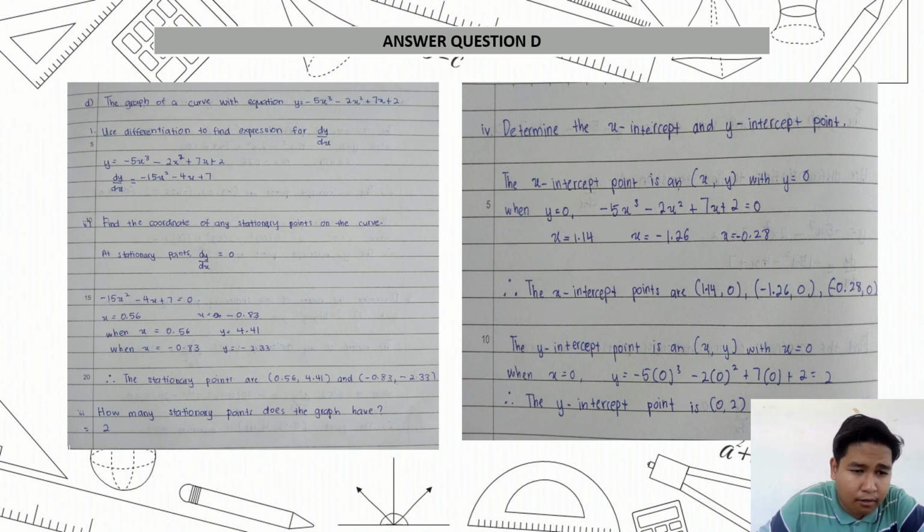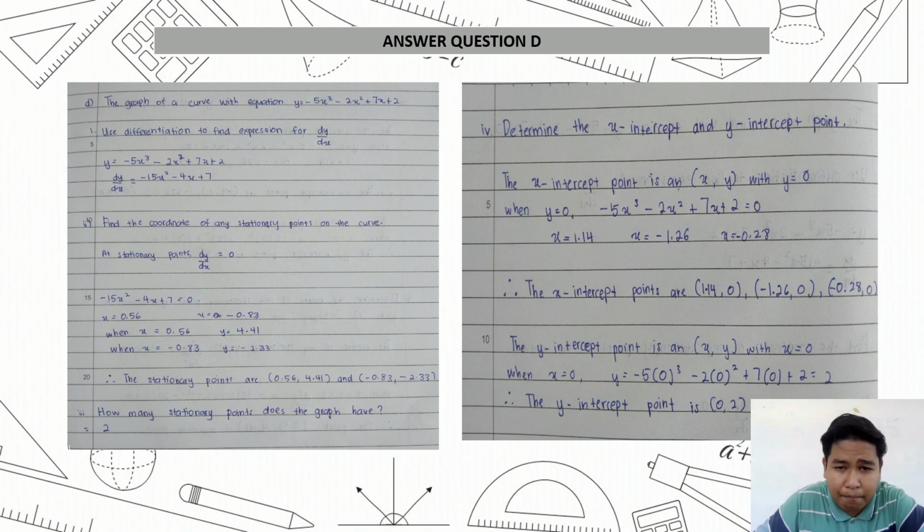Question 3. How many stationary points does the graph have? So the stationary points we get are 2. Okay. So question 4. Determine the x-intercept and y-intercept points.